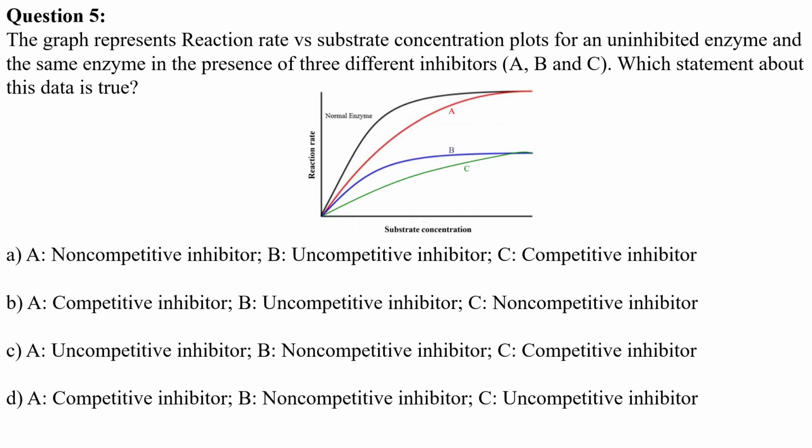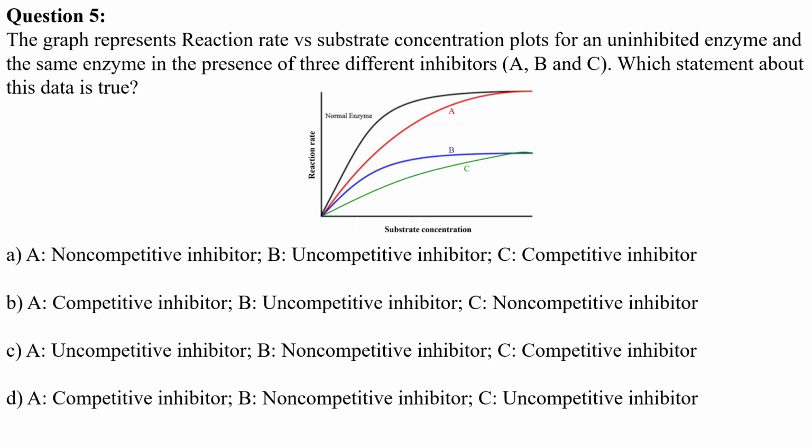Here we have a graph where the black line is showing the normal enzyme activity. So it is the rate versus the substrate concentration, a classic Michaelis-Menten graph.